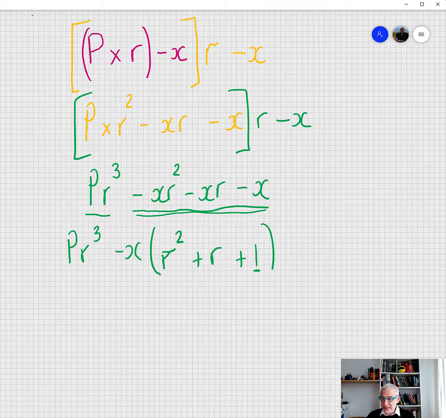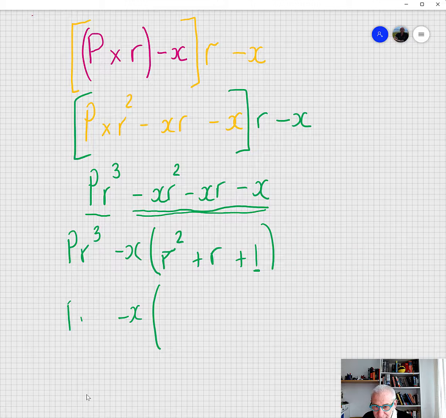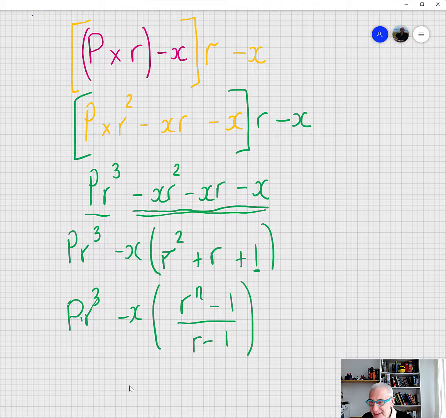If you remember back to our previous videos, we've got PR cubed minus X, and the bit inside the bracket we can write as R to the n minus 1 divided by R minus 1, which you'll remember is the sum of a geometric series. In this case, the A is 1, so it is not visible.